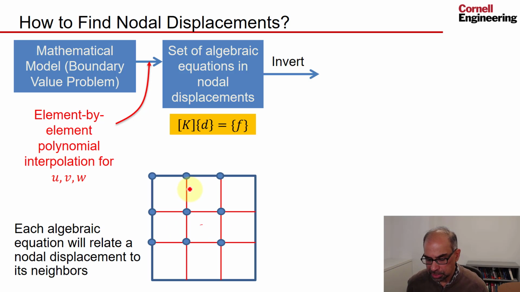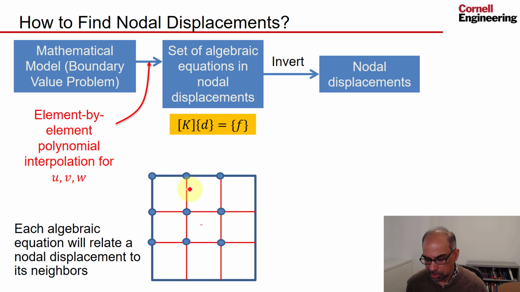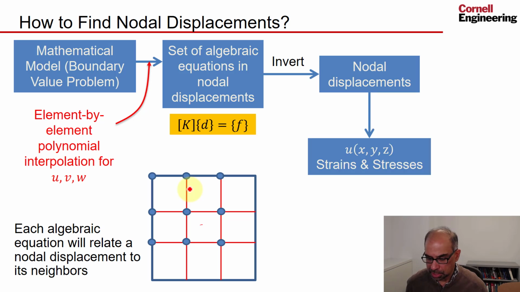Once we have the set of algebraic equations, we can use ANSYS to invert it to get the nodal displacements. Then from nodal displacements, we can interpolate to find the displacements everywhere. Using that interpolation, we can differentiate it to find the strains and then the stresses. And that's post-processing.